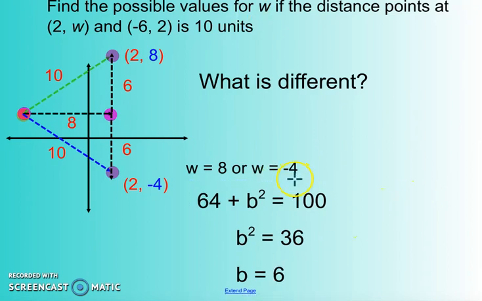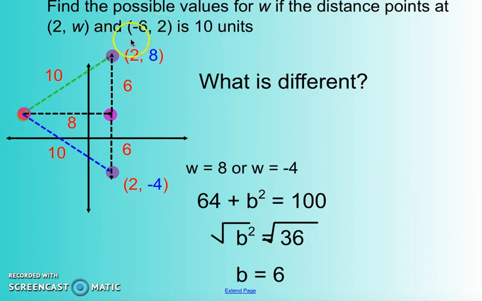And so that means that our points for the y, because that's what we're looking for, is a missing y coordinate. Let me put the square root on there. Is 6 units up and 6 units down.